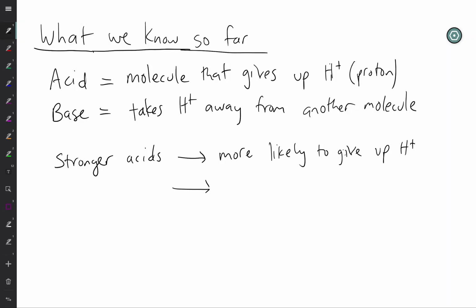We talked about our measure of how strong an acid is. What do we call that number? The pKa. So a stronger acid has a lower pKa.